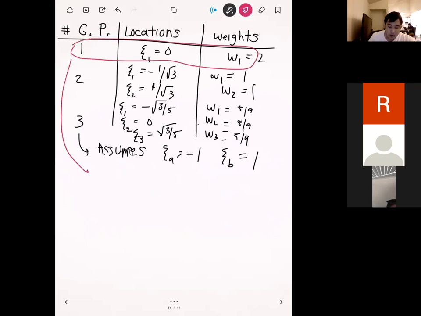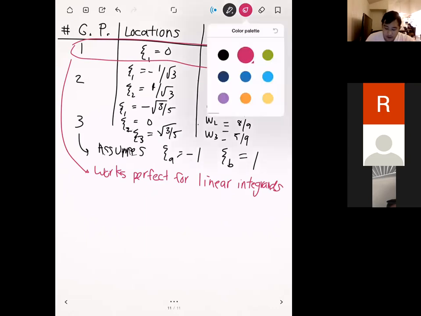The nice thing about 1 Gauss point is that it works perfectly when your integrand is a linear function. If you have a linear shape function, that happens more often than not, right?